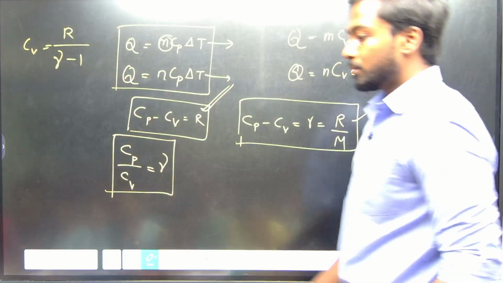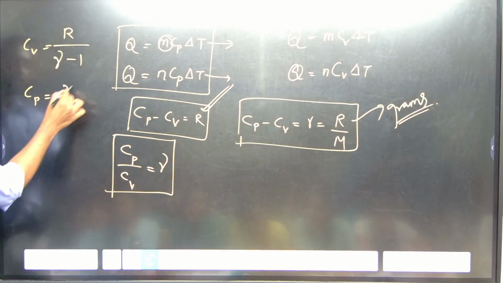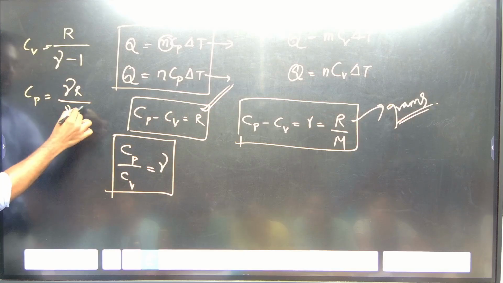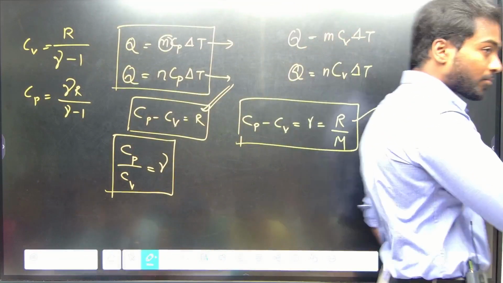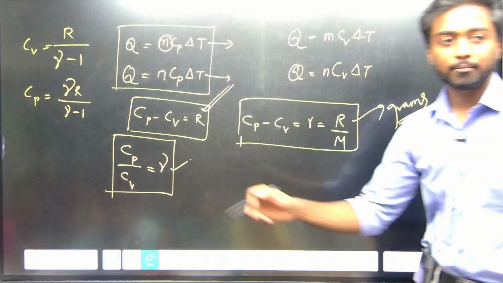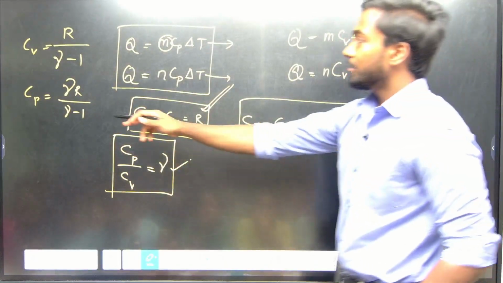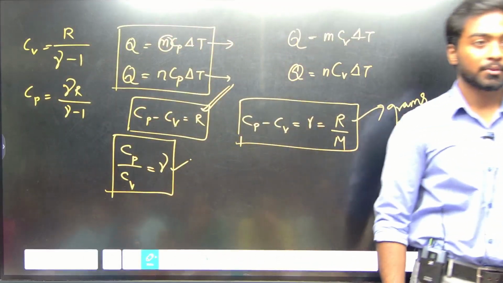Cp is equal to gamma times R by gamma minus 1. If I take the ratio of both of them, Cp by Cv, the common terms get cancelled and the remaining is gamma.